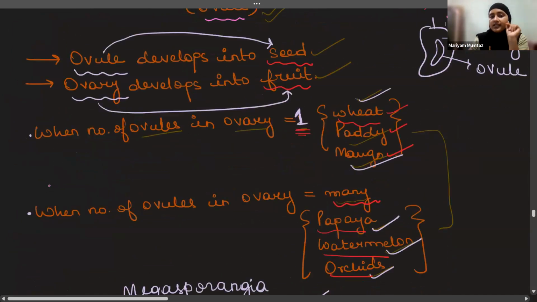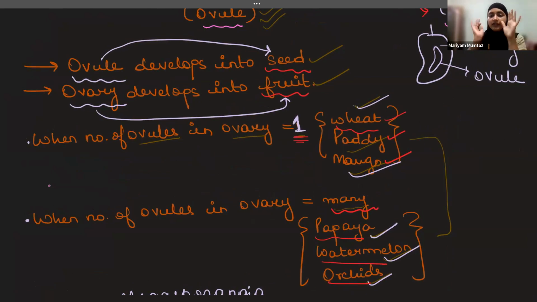Now see. The ovule develops into the seed. The seed, like for example, mango. Okay, everyone has seen a mango, eaten a mango. The seed of the mango is the ovule. And the whole entire flesh, the part of the mango that we eat, along with the peel that we do not eat, that is the ovary.